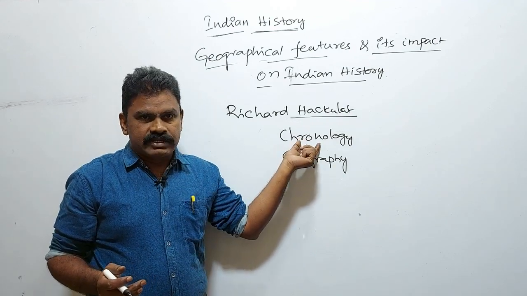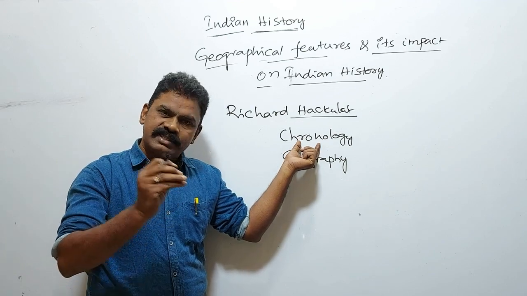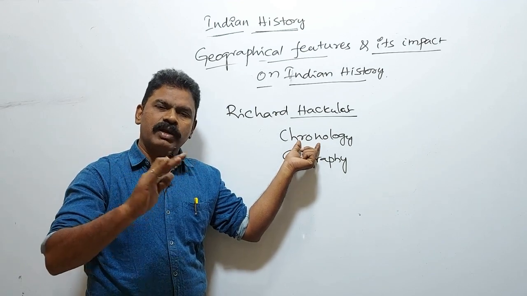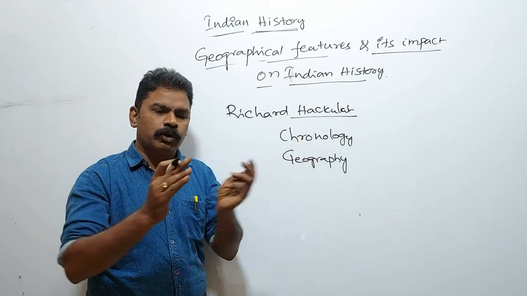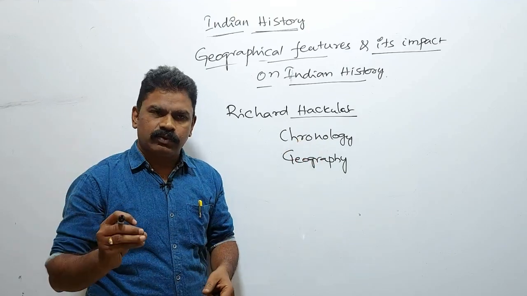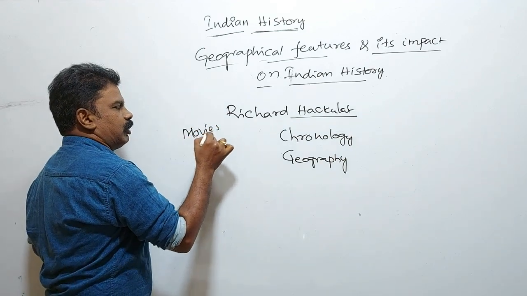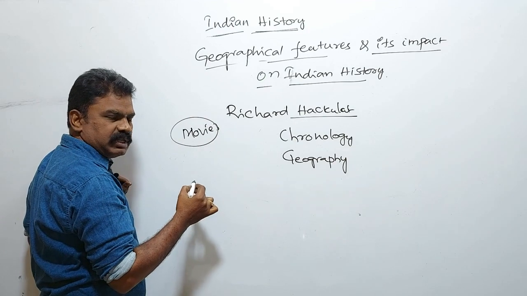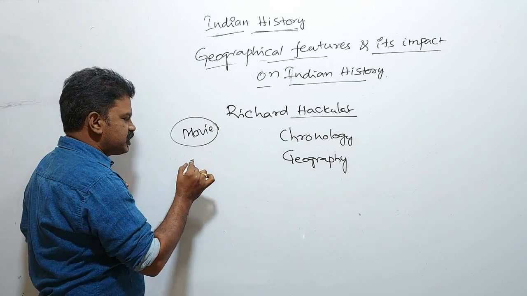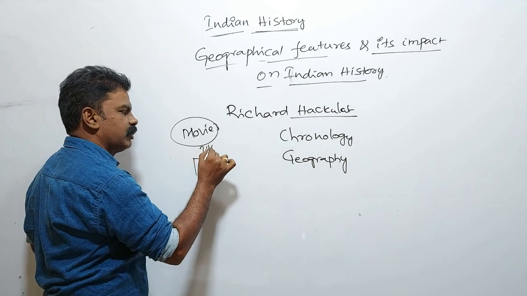Next, what is chronology? Chronology is a series, putting incidents into one order. For example, if you go to a movie, first it starts with the titles.